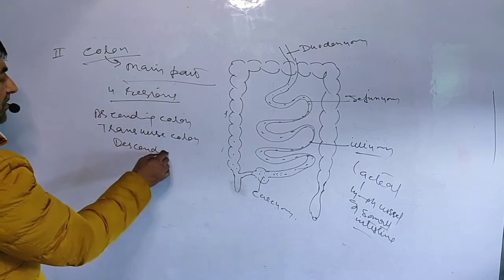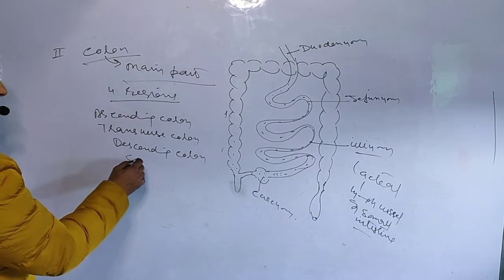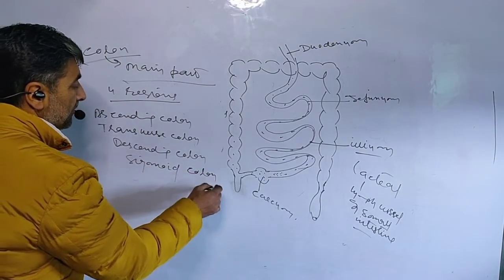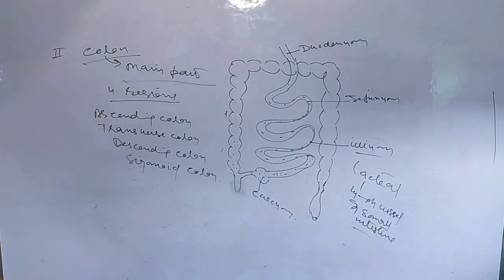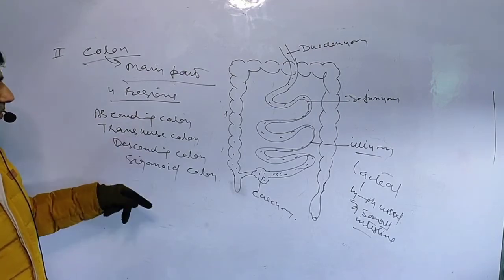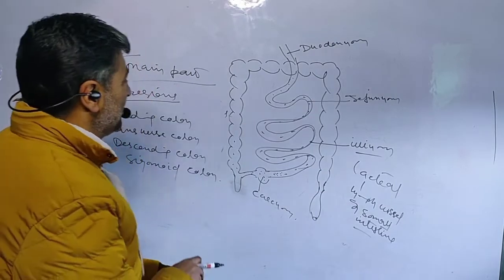Next, descending colon. Next, sigmoid colon. Ascending colon, transverse colon, descending colon, and sigmoid colon. These are the 4 parts of the colon.